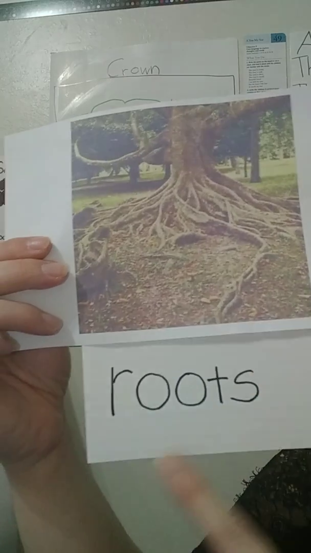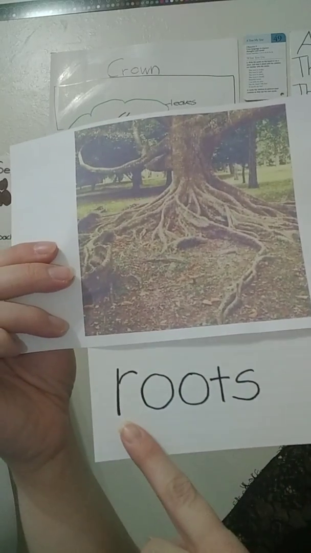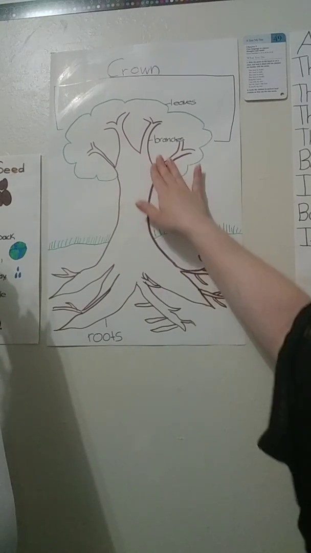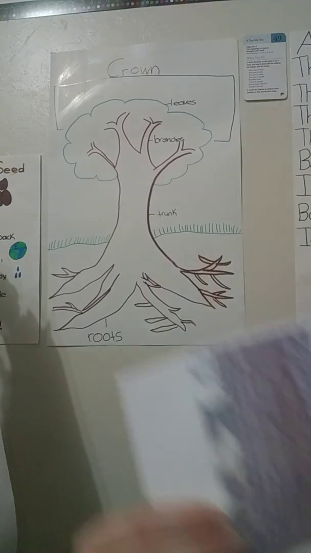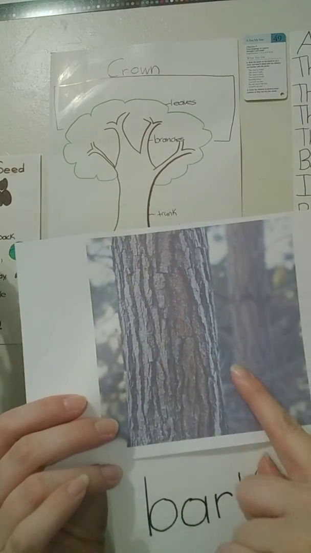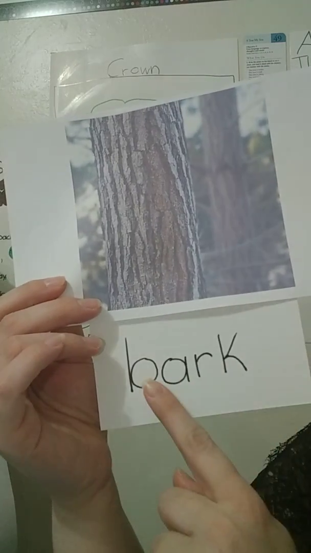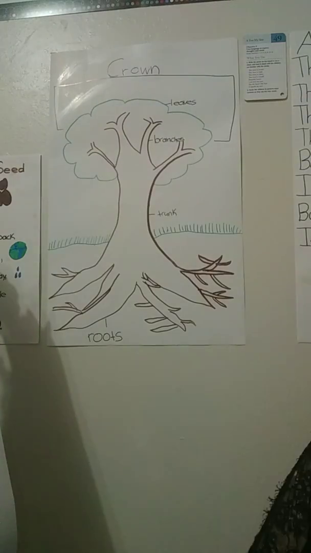Do you see that? It's roots, and it begins with a R. All right. Now let's see the next one. This part is the trunk of the tree, okay? But did you know that the outer part of the tree, like the skin of the tree, is called a bark? Bark with a B, a bark.